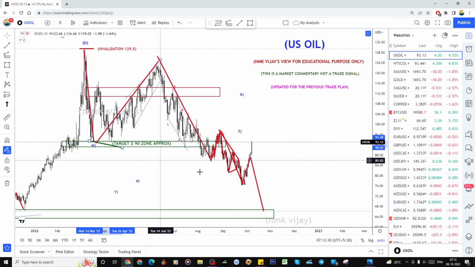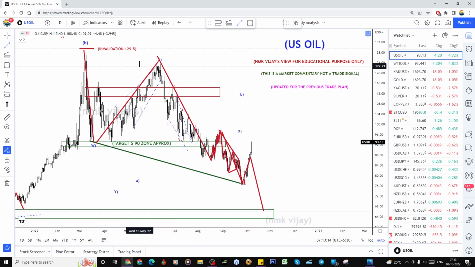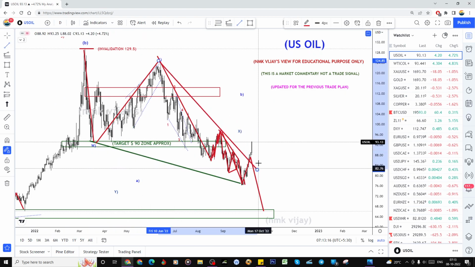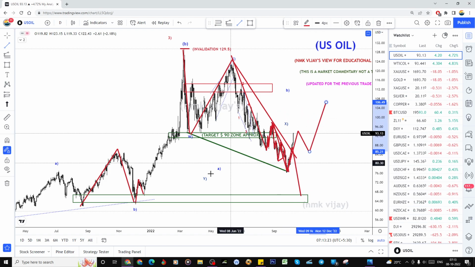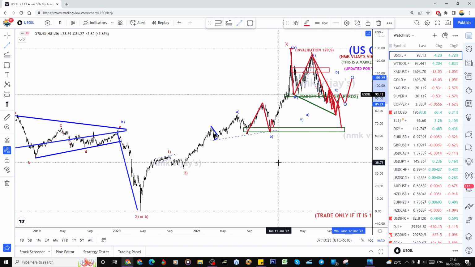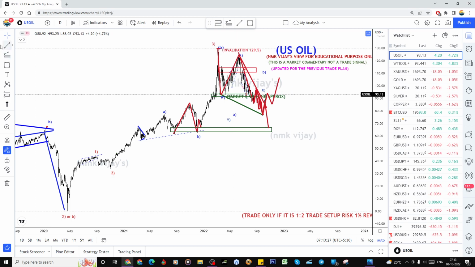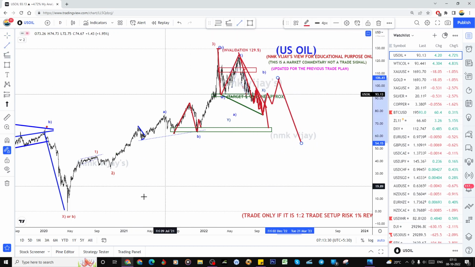So this could be that. Once again, yeah, it's already broken. So one more three-wave structure I'm expecting. After the completion of the three-wave structure, I'm looking only to the downside.